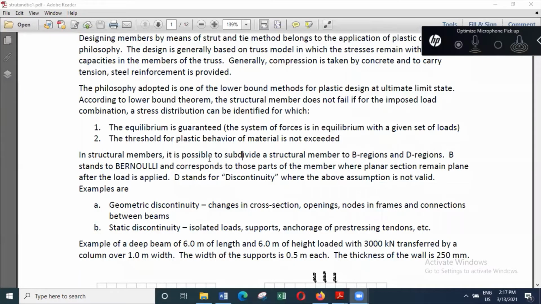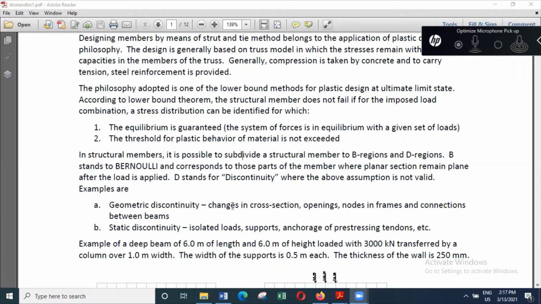So you can have B regions, meaning Bernoulli, because he's the one who introduced the assumption that plane sections remain plane. So B stands for Bernoulli and corresponds to the parts of the member where plane sections remain plane. And D stands for discontinuity, where this assumption is not valid.